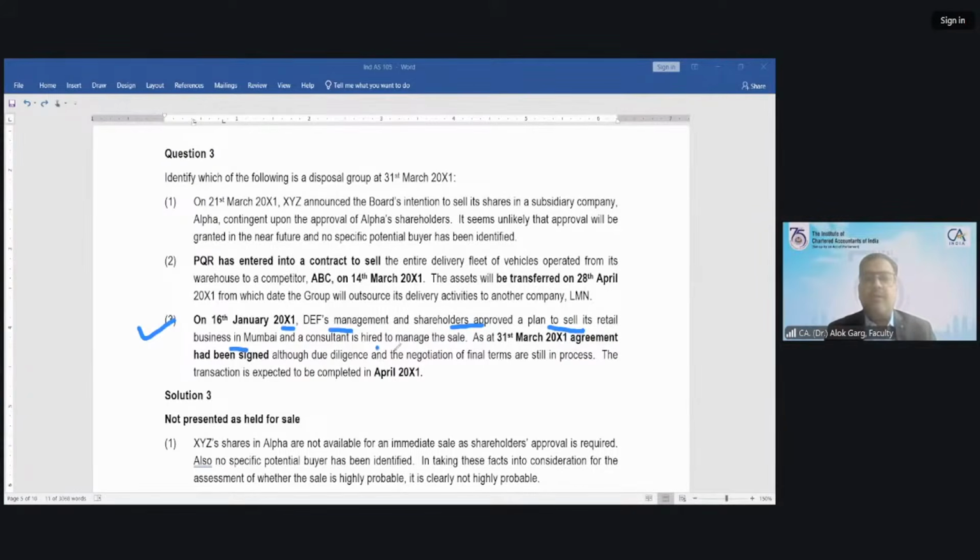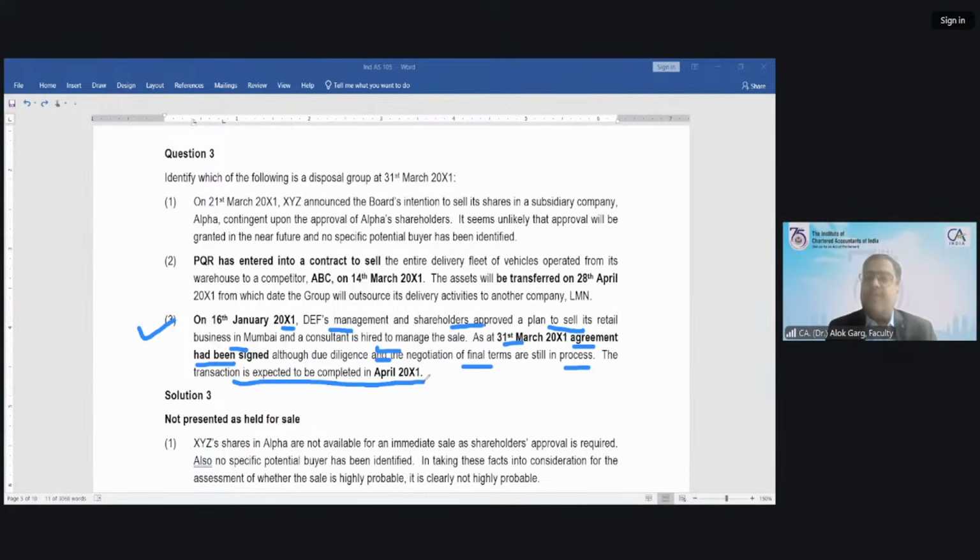As on 31st March 20x1, an agreement had been signed, although due diligence and the negotiation of final terms are still in process. The transaction is expected to be completed in April 20x1.